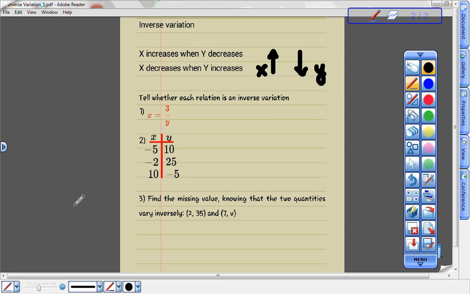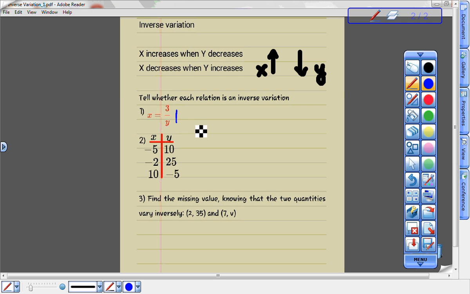We have a couple of examples that we're going to focus on about how to determine if we have a direct or an inverse variation. Problem number one, we have a relation between two variables, and the equation that models that is x equals 3 divided by y. We can rewrite that equation if we multiply by y on both sides.